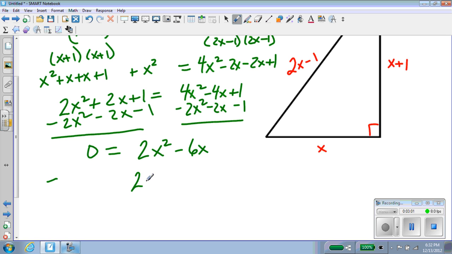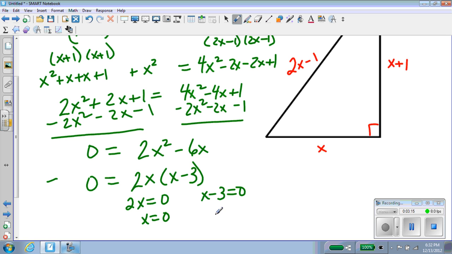So I have a greatest common factor of 2x, leaving x minus 3. So either 2x equals 0 or x minus 3 equals 0. So x equals 0 or x equals 3.